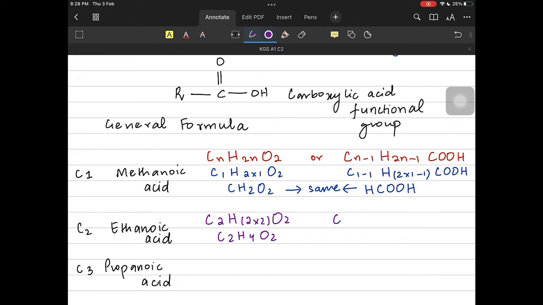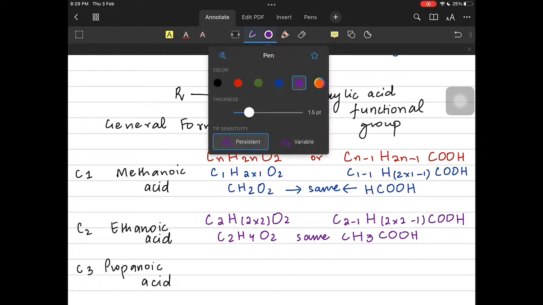If you use the other general formula, it becomes C(2 minus 1), then H(2 times 2 minus 1), because n is the value of 2 over here, then COOH. It becomes C, then H3, because 4 minus 1 is 3, and then the COOH is a constant. So it becomes ethanoic acid. Again, both the formulas are the same.